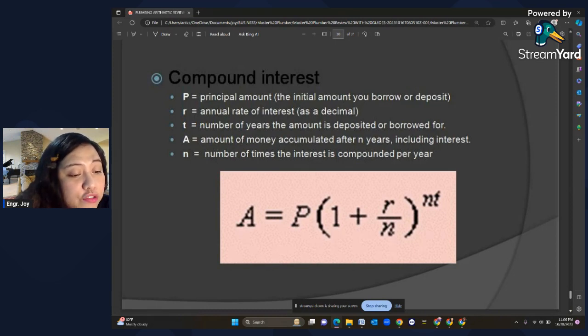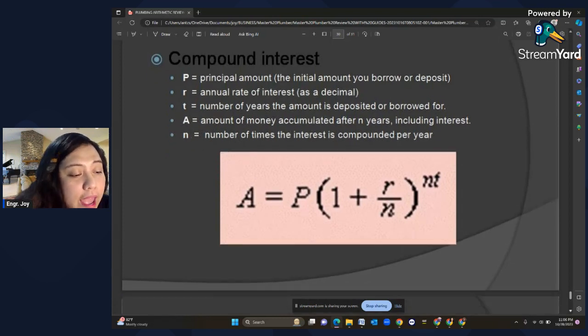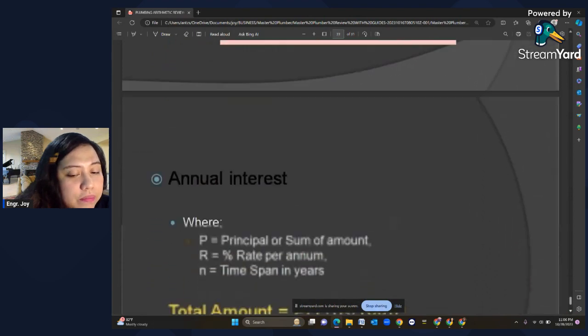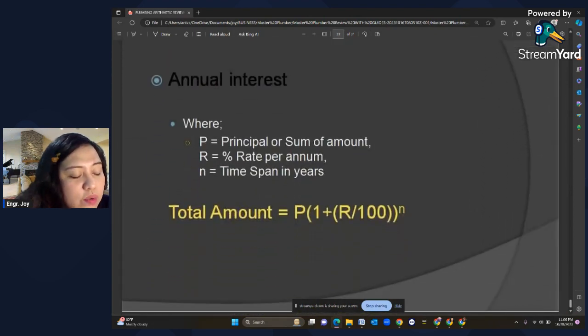A is the amount of money accumulated after T years, including interest, and N is the number of times the interest is compounded per year. For annual interest, P is the principal or sum of amount, R is the percent rate per annum, and N is the time span in years. Total amount equals P times 1 plus R, the percent rate per annum over 100, raised to N.